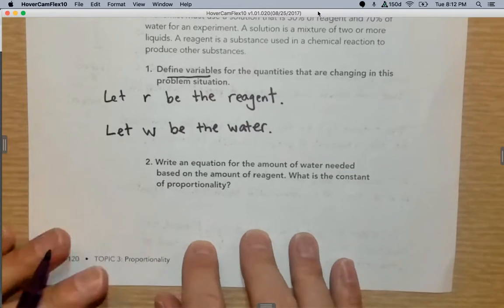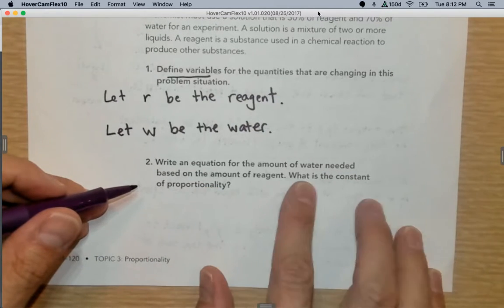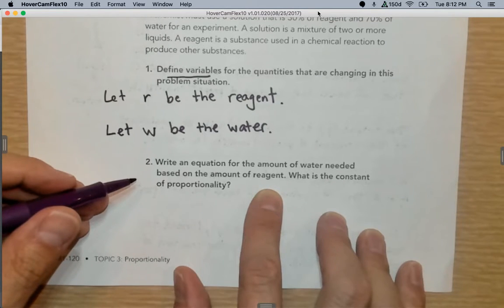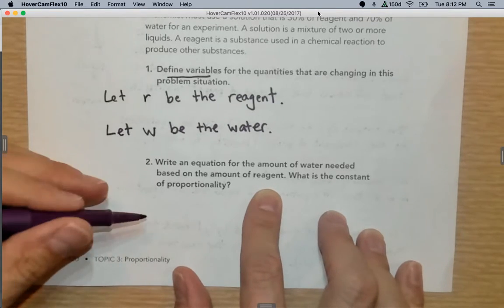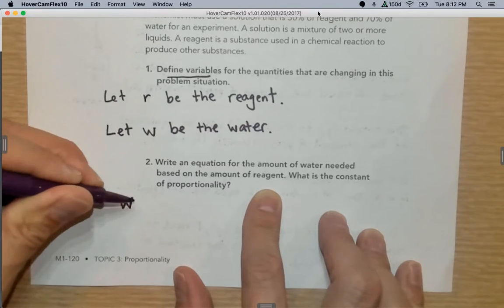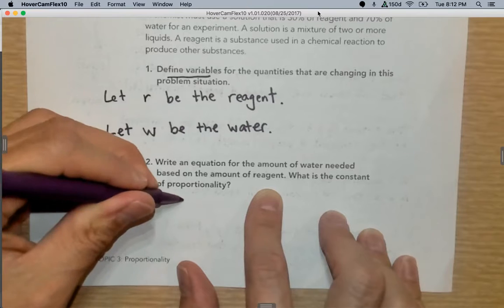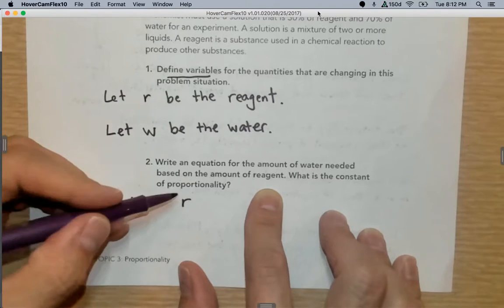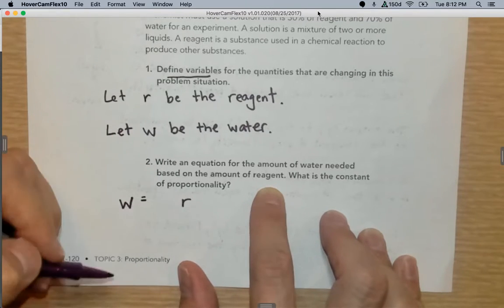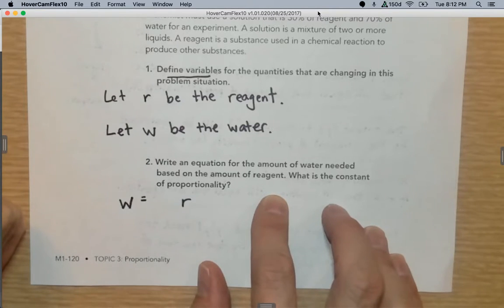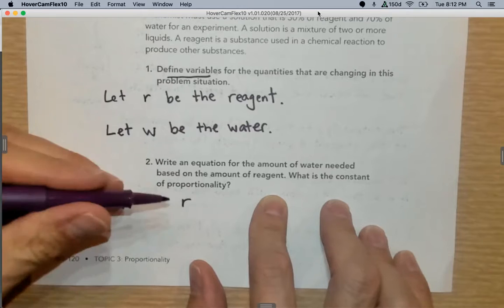2. Write an equation for the amount of water needed based on the amount of reagent. Okay. So for me to know how much water I would need, and I have the reagent, I would take the reagent, and the reagent is less, so the water is more.